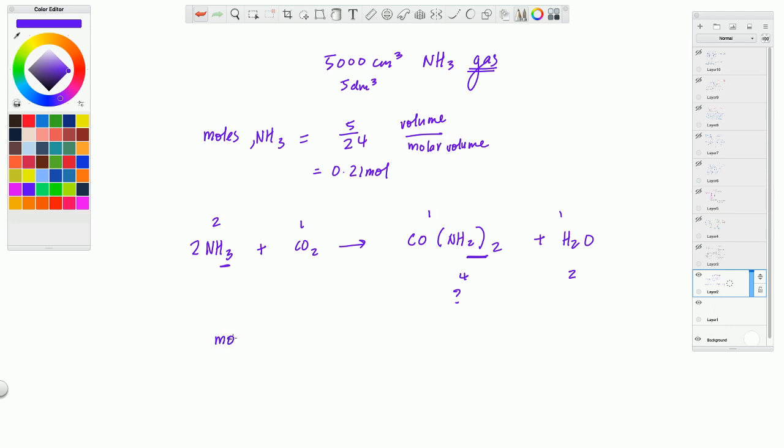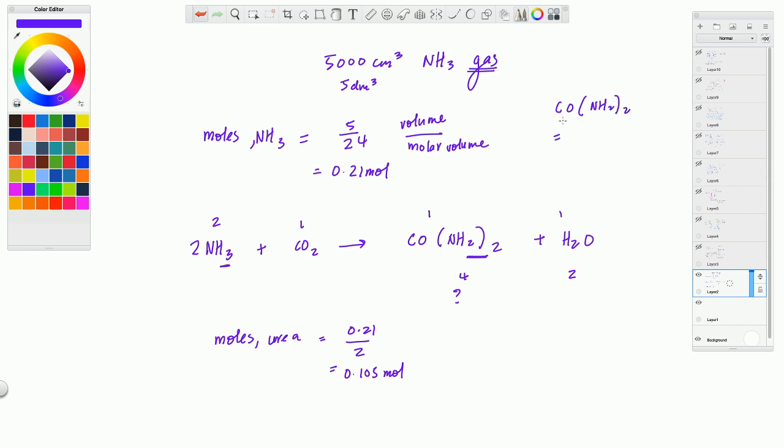So the moles of urea is 0.21 divided by 2. 0.105 mole. Okay, now urea is molar mass of urea, CO(NH2)2.